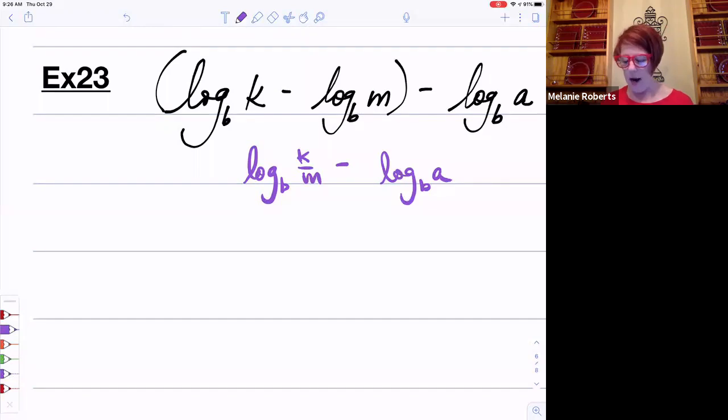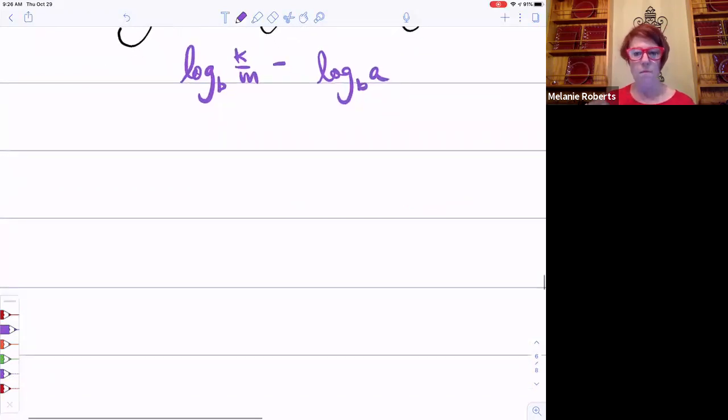And again, I have another quotient. I have a log minus a log. So this is a quotient. So this is going to turn into log base B of K over M over A. Now remember, this is an A over 1. Now you don't want to leave it like that. Let's go ahead and clean that up. We'll multiply by the reciprocal.